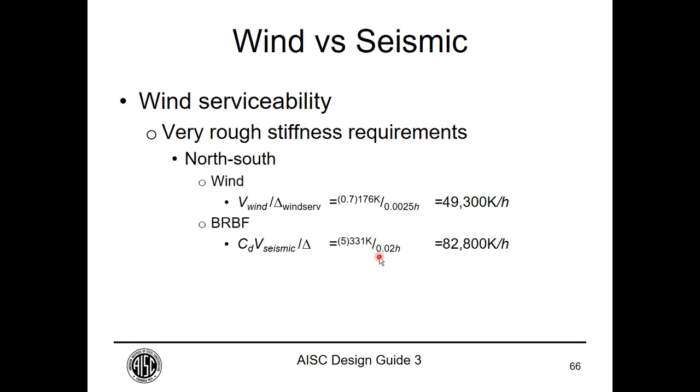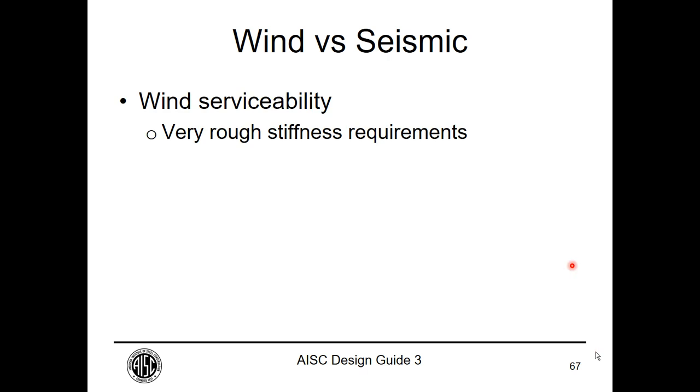So if we meet the seismic drift limit, we will meet the wind serviceability requirement because the ratio is 1.7. It's pretty clear that seismic governs.